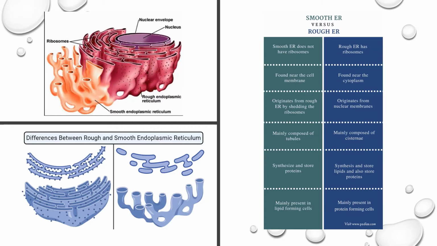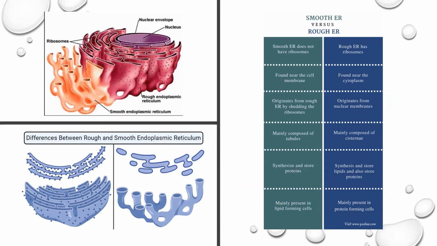You can see that in the two images on the left side. Also, the rough endoplasmic reticulum closely surrounds the nucleus, while the smooth endoplasmic reticulum is attached to or surrounds the rough endoplasmic reticulum.